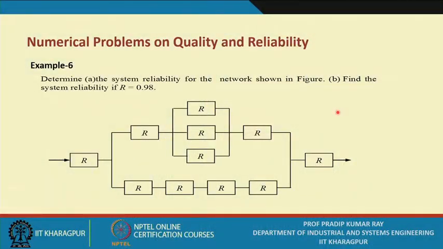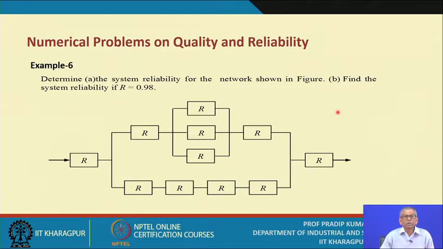So, during this session I will be taking up some more numerical problems on quality and reliability. Just to remember one particular aspect, that is the kinds of problems we are dealing with. These are typically related to quality and reliability.